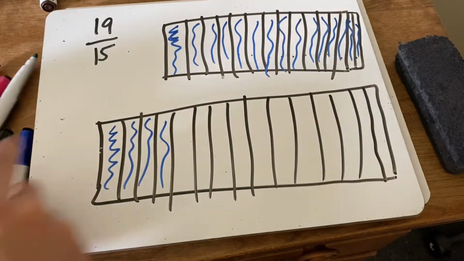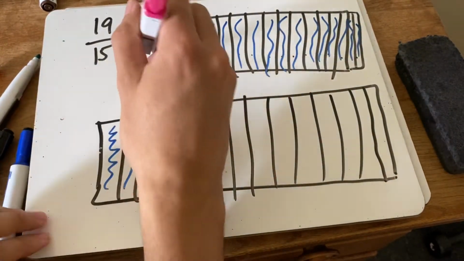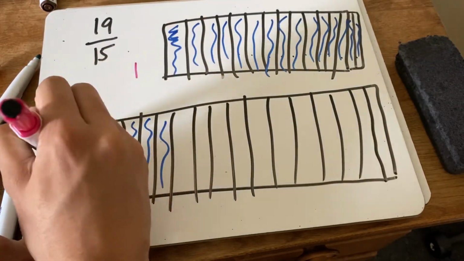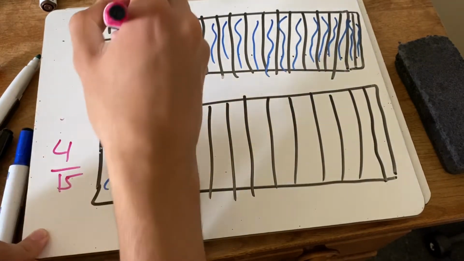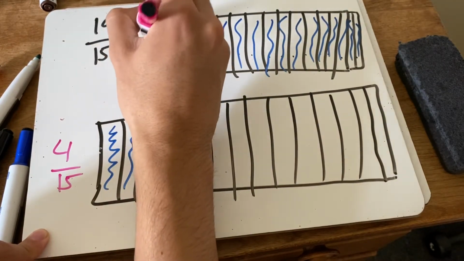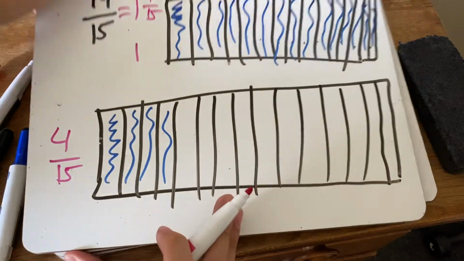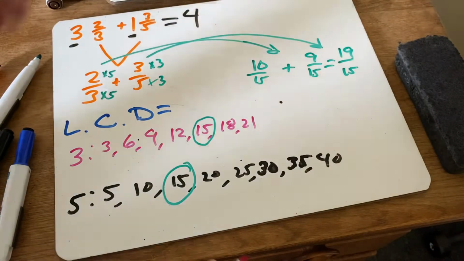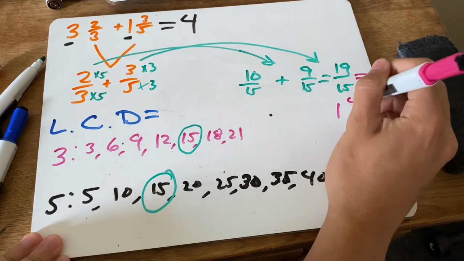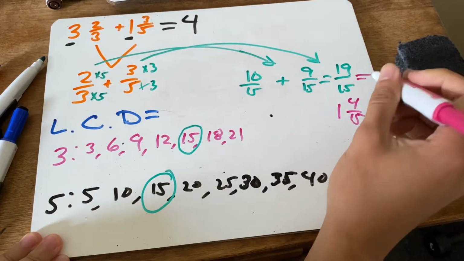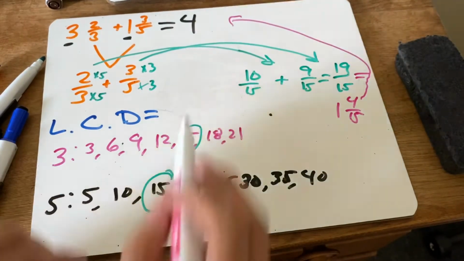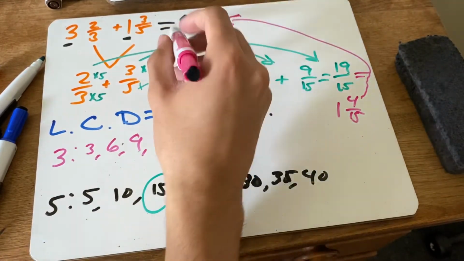Now let's see what we have. We have one whole, 15 over 15, so we have one whole, and then we have 1, 2, 3, 4 over 15. So 19 over 15, that is one whole and 4 over 15, okay? Let's go back all the way to our problem. 19 over 15, that is the same as one whole and 4 over 15. We just found that out. So now we're going to have to add that up to our 4 from the beginning.